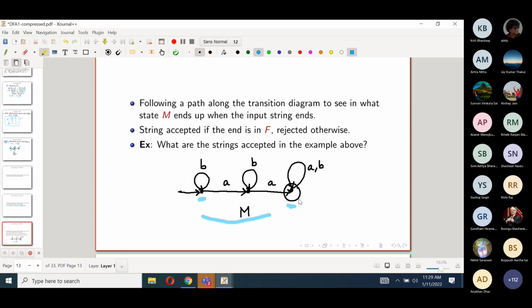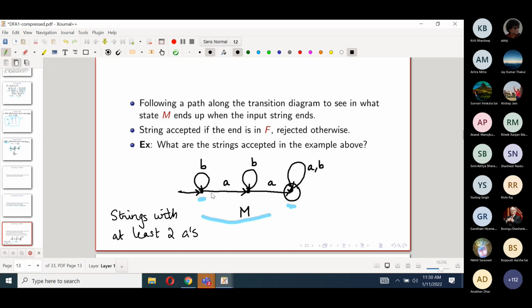So you said a specific statement, right? I am just nitpicking a little bit. You said that this machine M accepts strings with at least 2 A's. So one direction of the argument is that M is accepting.